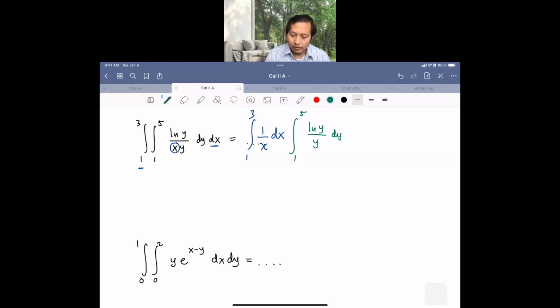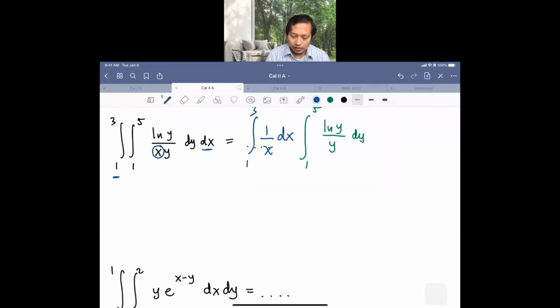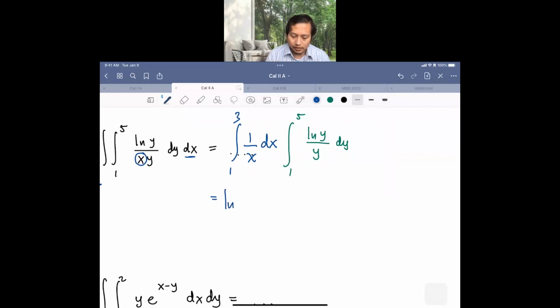Now 1 over x, this will be ln x from 1 to 3. Now what will happen with this ln y over y?